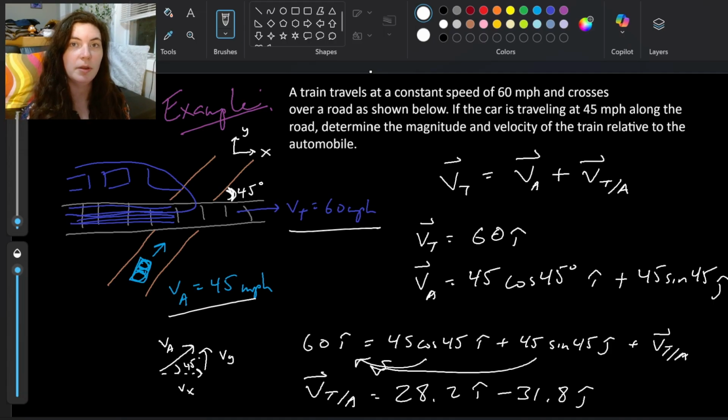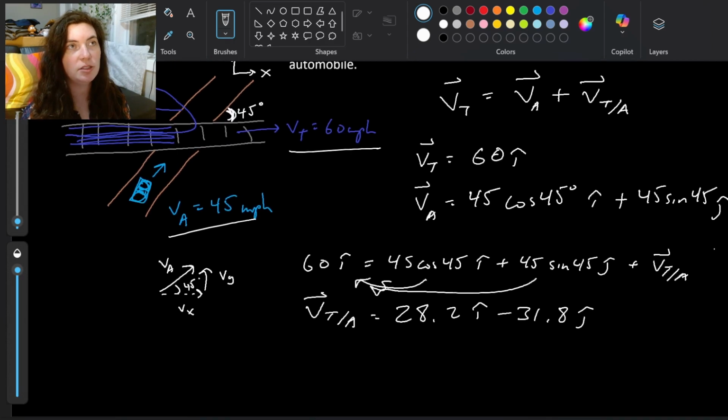And this is great and all, but it really asked us for the magnitude of this velocity of the train with respect to the car. Again, to get a magnitude, we're going to do just like we've done before, and that's going to be the square root of our squares of the components there.